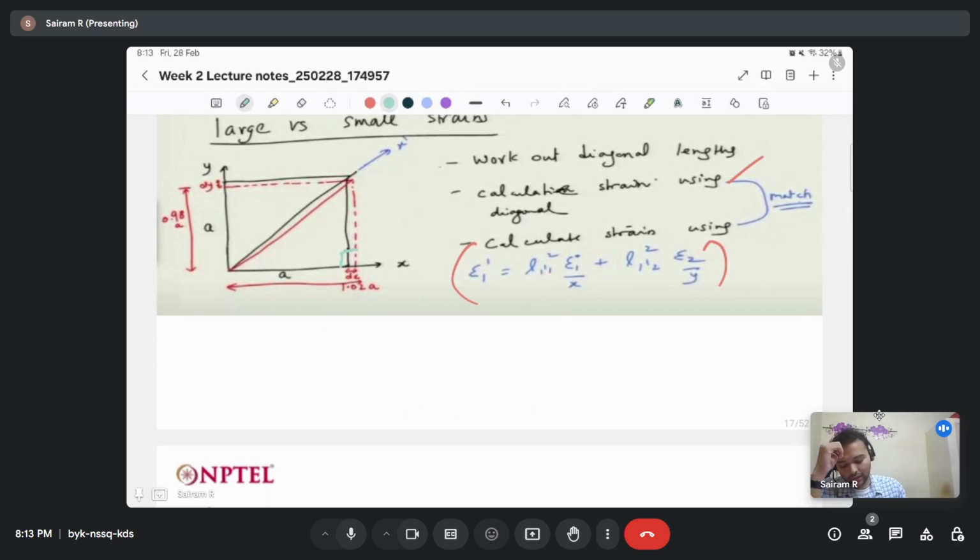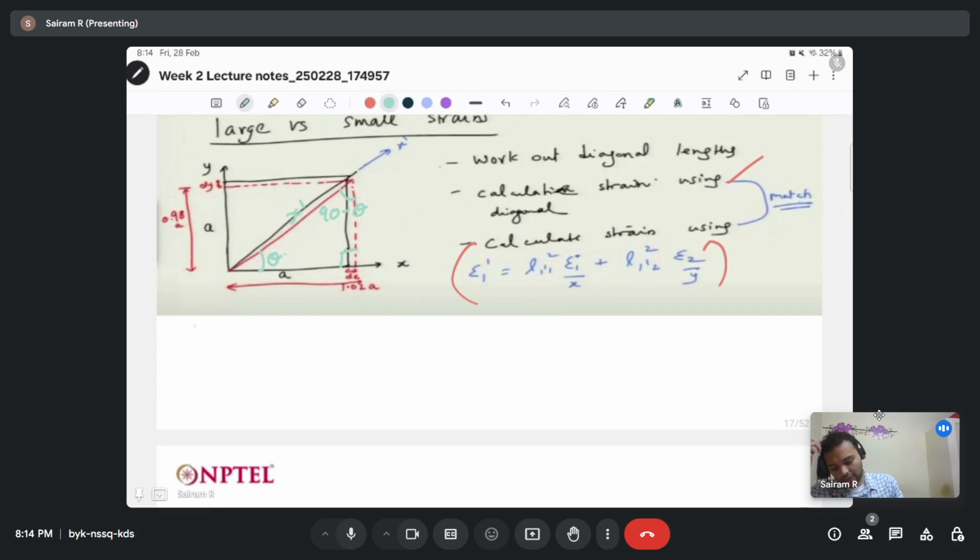But right now we know that it is not going to be the case. It has been displaced by a very small theta, where tan theta can be simplified as theta. So let's say we assume this angle to be theta, then obviously this is 90 minus theta. This is x prime.